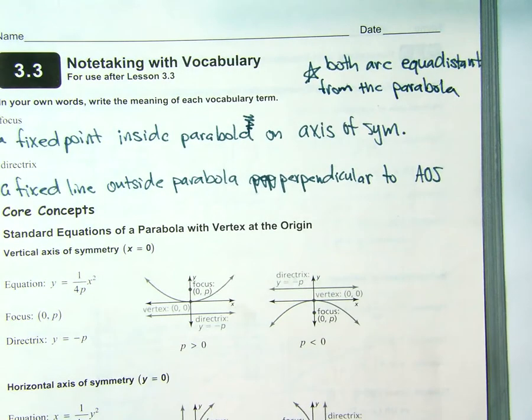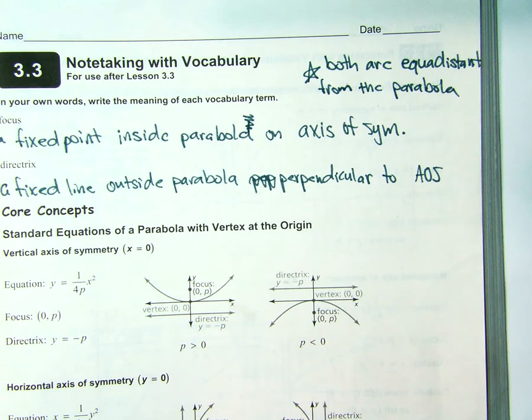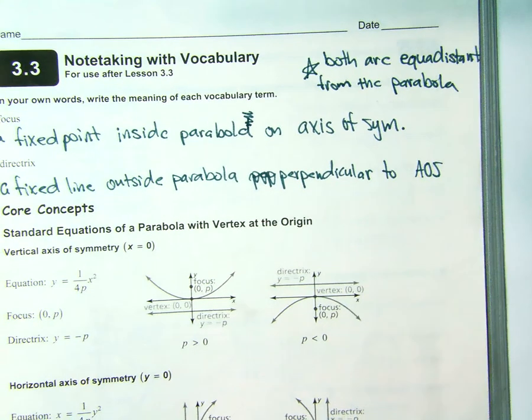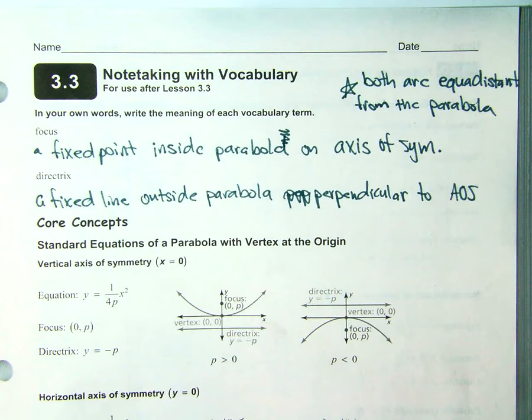Okay, so both are equidistant from the parabola. Alright, so make sure you have all of this down.